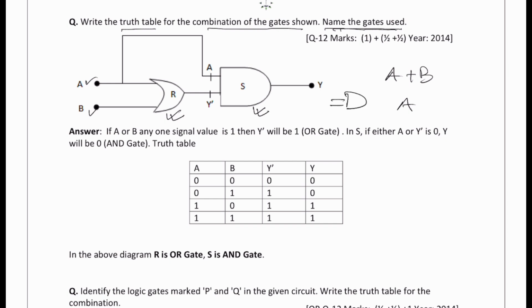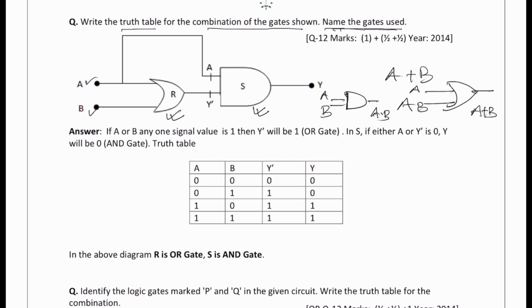A into B is the output. This D-type symbol is the symbol of the AND gate, which multiplies the two input signals. And the OR gate adds. If A and B are the inputs, then the output is A plus B. So this is a combination of an OR gate and an AND gate.